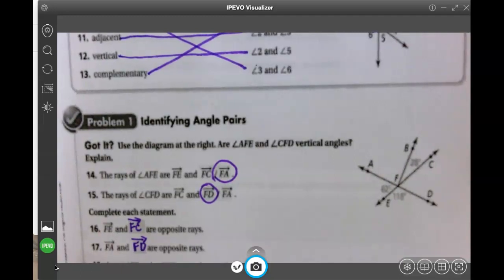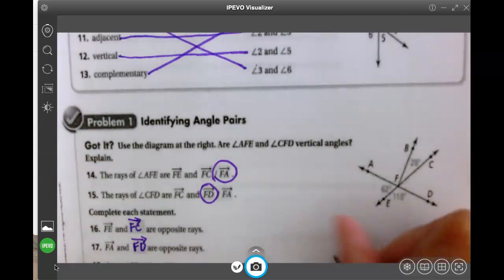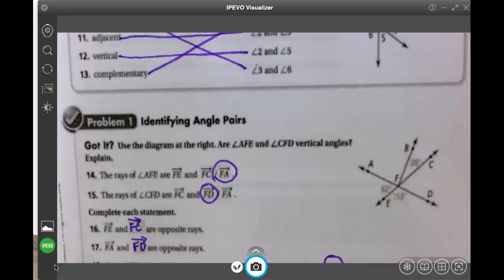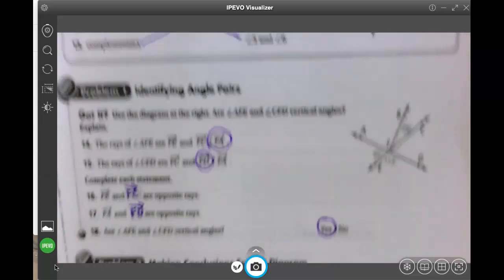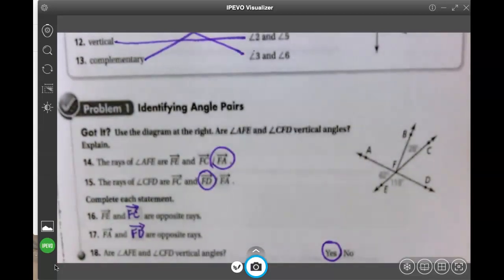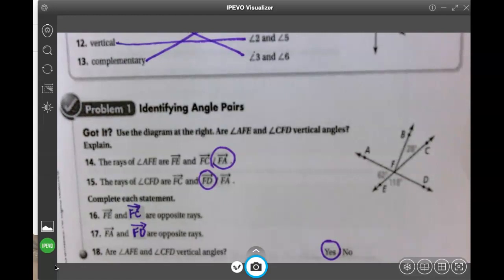Now, if they're vertical, they share no other letters. Do both of them have an A in it? No. Do both of them have an E in it? No. So because the two letters that are surrounding the vertex F are different from each other, then these are vertical angles. Vertical angles only share a vertex. Vertex is the middle letter in naming an angle.